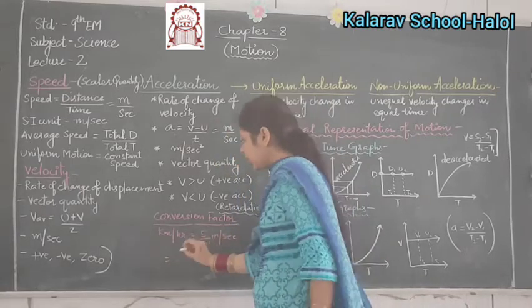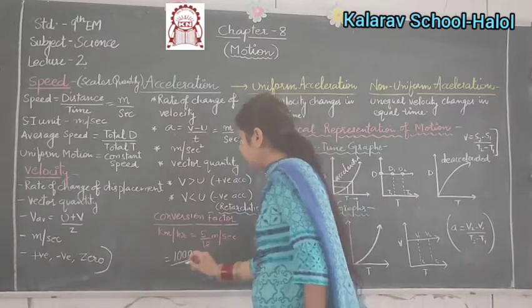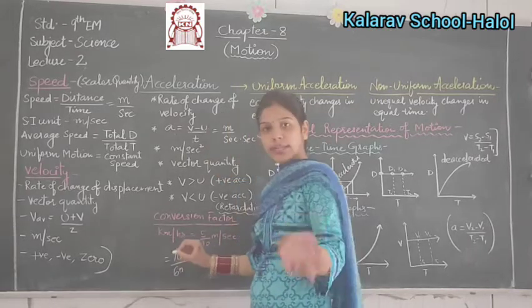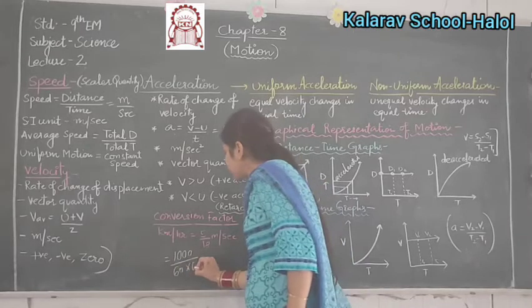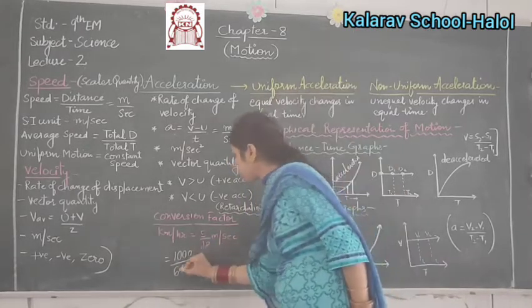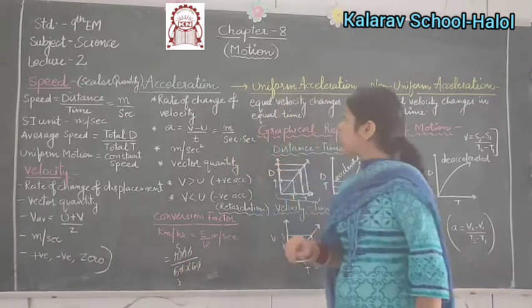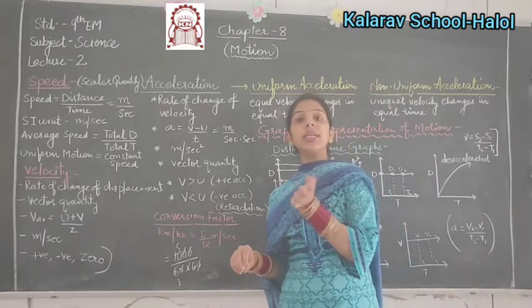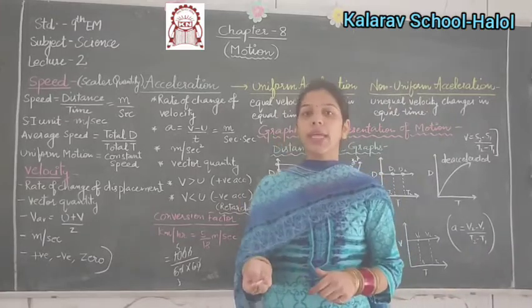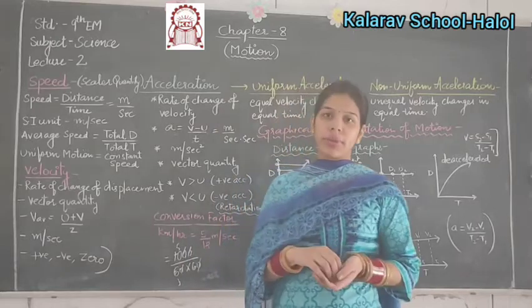Kilometer to meter is 1000. Hour to second is 3600, that is 60 for hour to minute and 60 for minute to second. So it is 5 by 18.